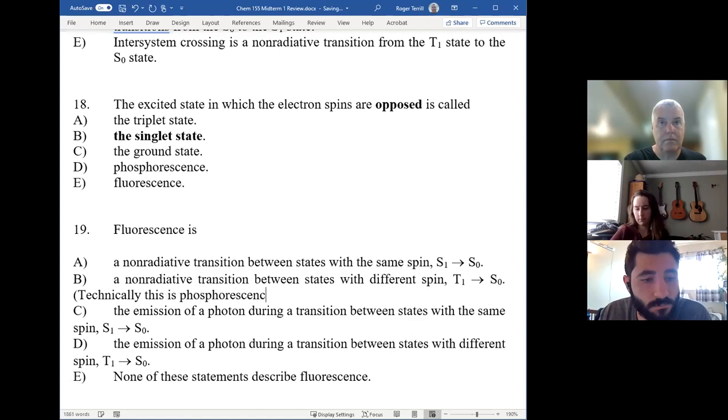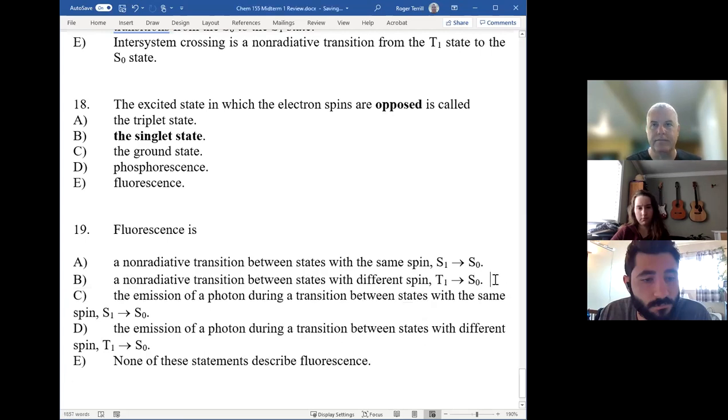Wait, don't those release a photon when they relax? Oh yeah, you're right. Exactly. So it's neither of these two. If these had read radiative, then that would be true. So fluorescence is a radiative process, right? Sorry about that. Thank you, Kareem.